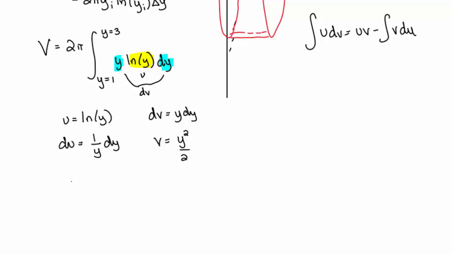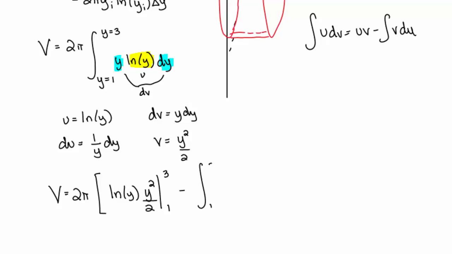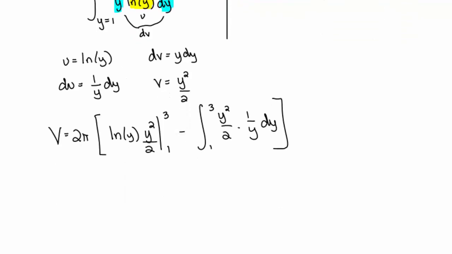So the integral of that u dv is going to equal 2 pi times the quantity uv, which we have listed right here. It's the natural log of y times y squared over 2, and we're going to evaluate those from 1 to 3, minus the integral from 1 to 3 of v du. v du is going to be y squared over 2 times du, which is 1 over y dy. It's actually not a bad integral.